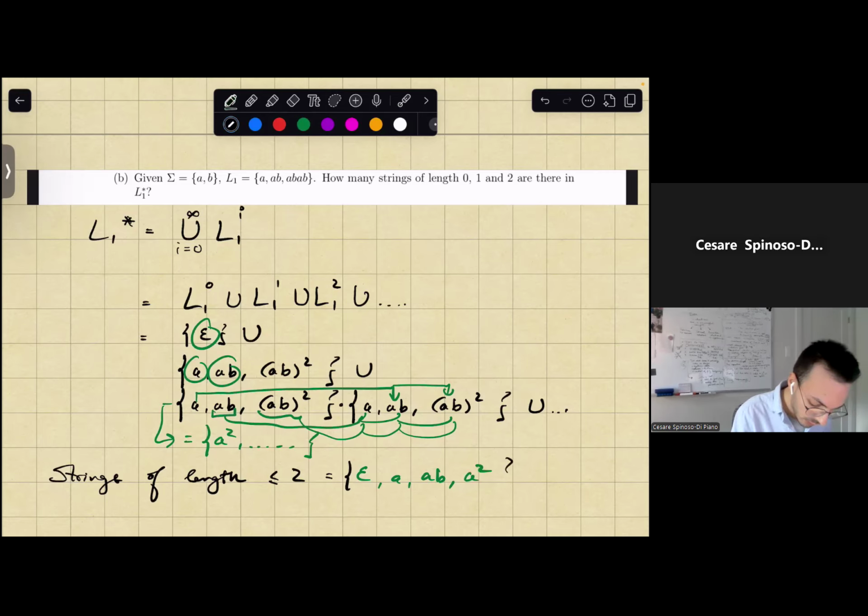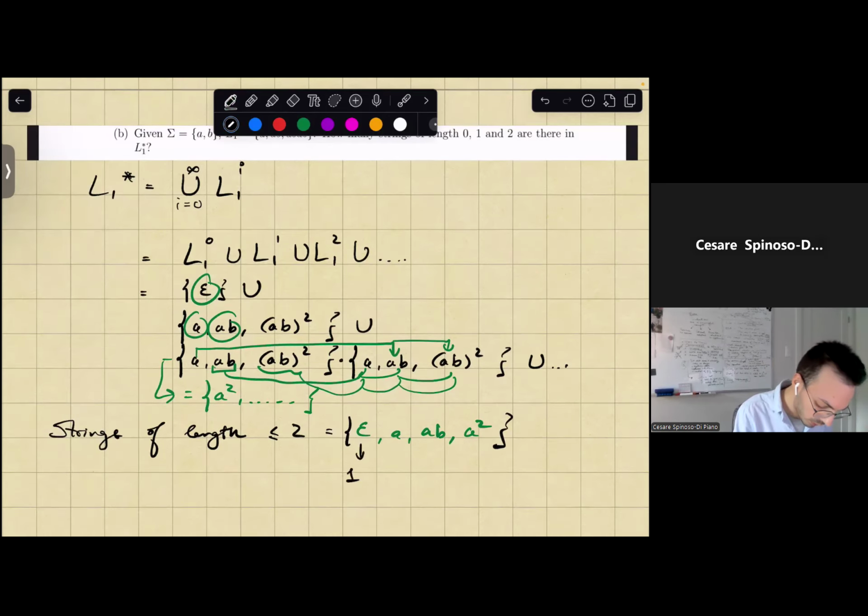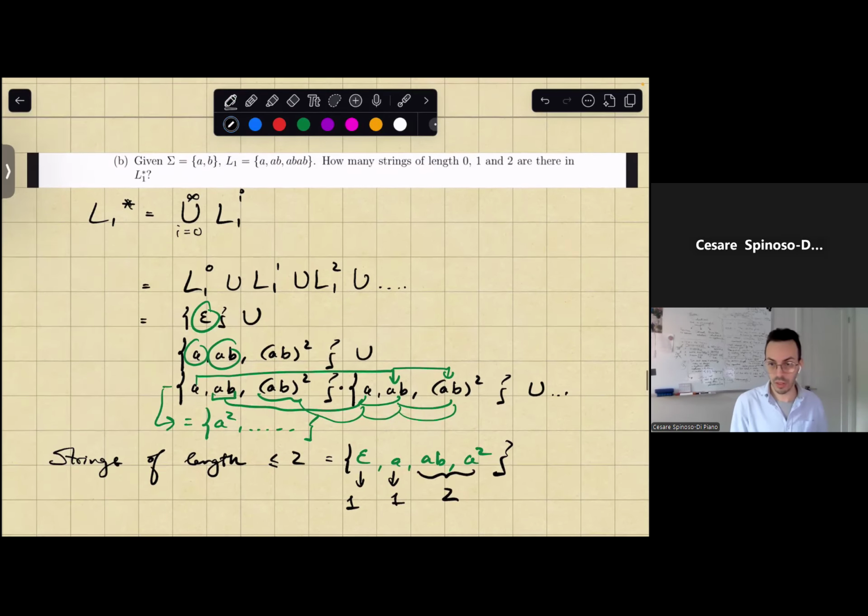So in total, I have 4 strings of length at most 2: 1 of length 0, 1 of length 1, and 2 of length 2. Okay, and that's how you would solve this exercise.